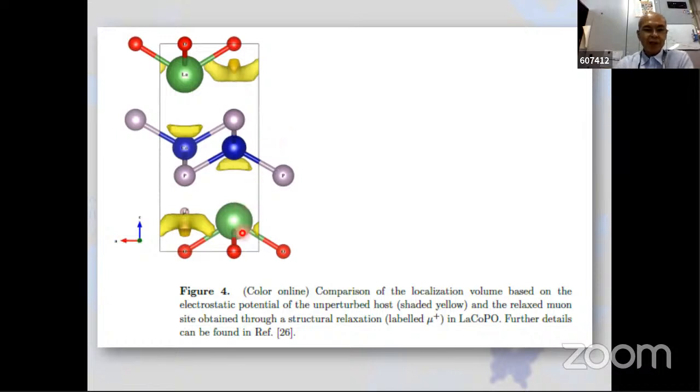They use Gaussian, which is molecular-like, taking into account all the electronic orbitals. We don't take the electronic orbitals into account; we treat them just as a density. So Gaussian cannot treat the larger cell, but DFT with the plane wave method can treat larger cells, which is much better for muons.